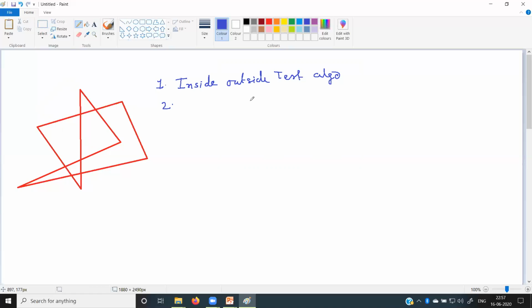To find out which region of the polygon is inside and which one is the outside, we will apply two techniques. One is called the odd even test, and the second one is called the non-zero winding number test.